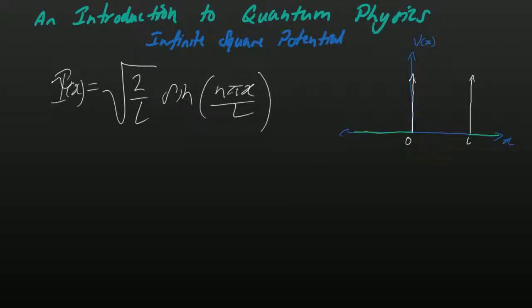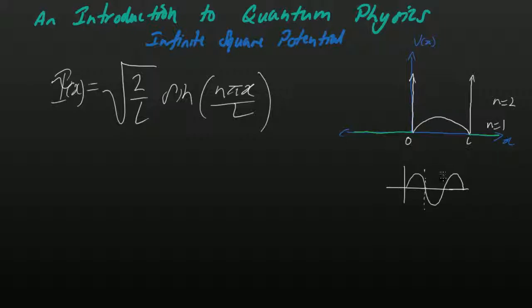The wave function for n equals 1 looks something like this. We look at the sine wave like that. It's this part here. And we look at n equals 2.